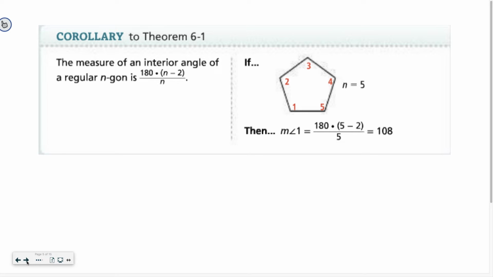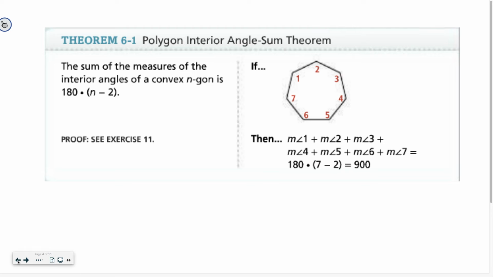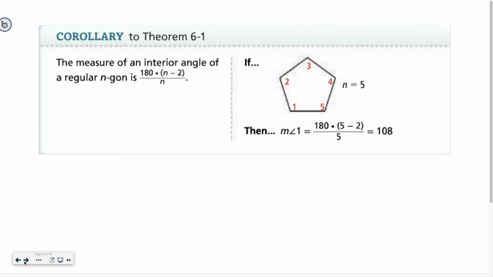And then, so that gave us this theorem that I was just talking about, that gave us the sum. It's really important to remember that. That gave us the total number of degrees inside a polygon. So this corollary is going to, instead of giving us the sum, so all of those angle measures together, give us a single angle measure of a regular n-gon, so however many sides it has.